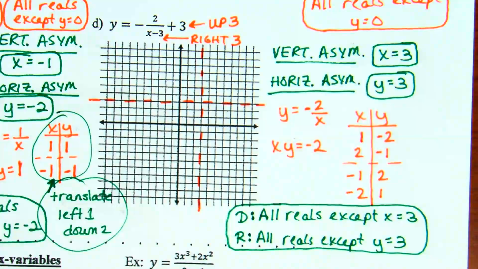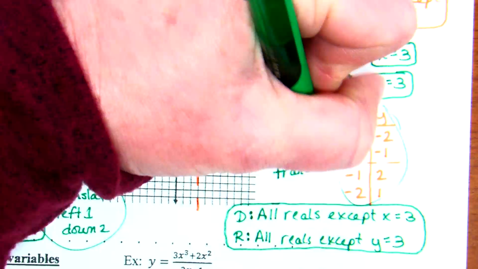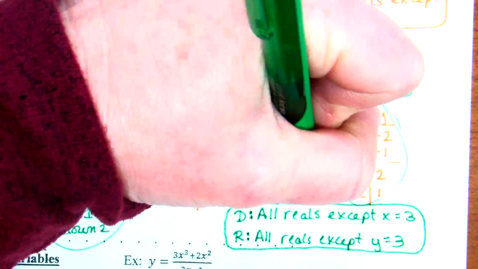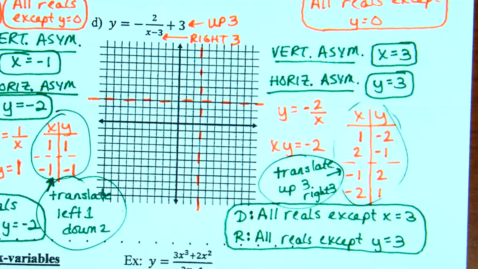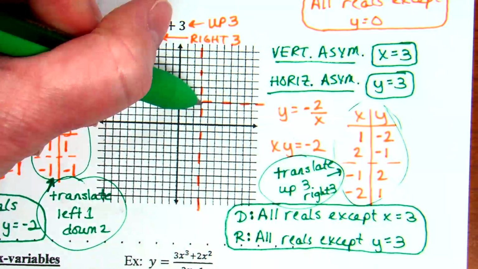You're graphing those dots, right? And then officially those dots would be translated up 3, right 3. However, I like to look at it as we've already done the translation. So, I like to think from my new asymptotes, right? So right here is my 0, 0 point.